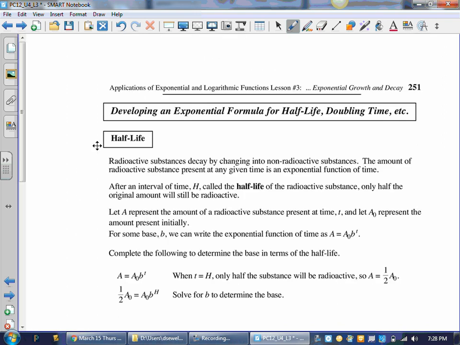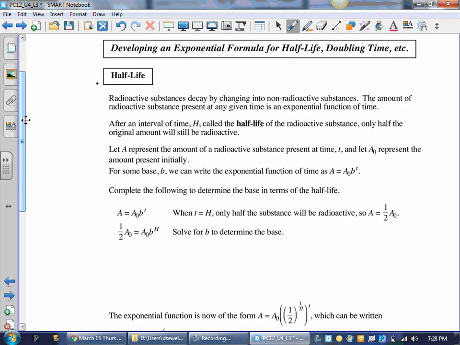All right, so we just talked about light intensity and fog decreasing. So we know we can do that. What we're going to talk about now is more about science, which is the decay of a radioactive substance. That radioactive substance decays and becomes less over time. We talk about a half-life. There's a lot of discussion in science about the half-life of this radioactive substance.